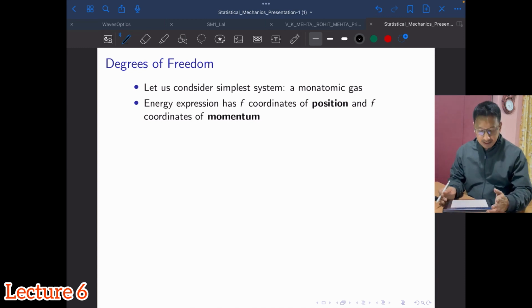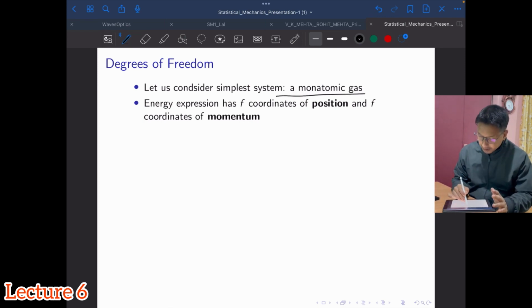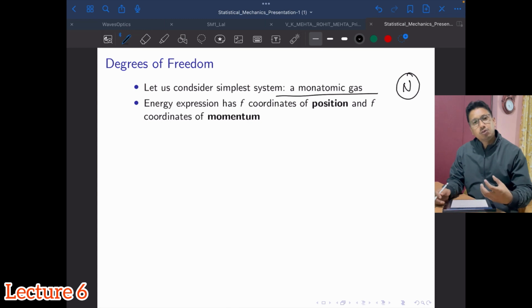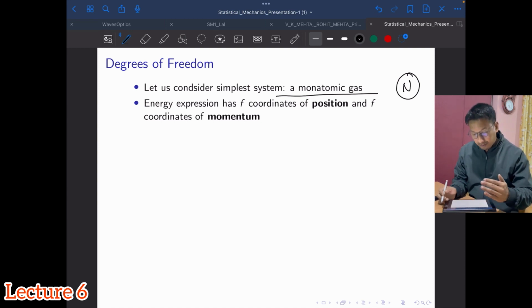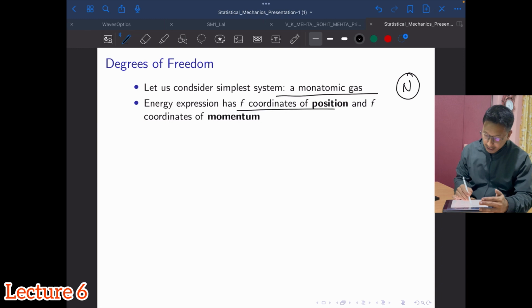So first is degrees of freedom. Let's consider one of the simplest systems, a monatomic gas consisting of n particles. We know the energy expression for the system typically consists of f coordinates of position and f coordinates of momentum.